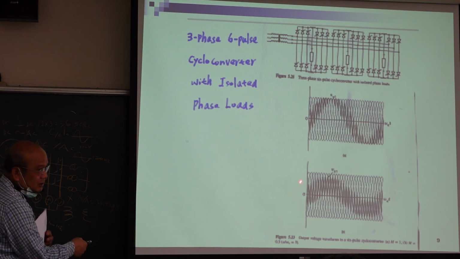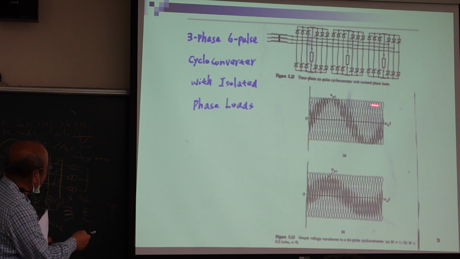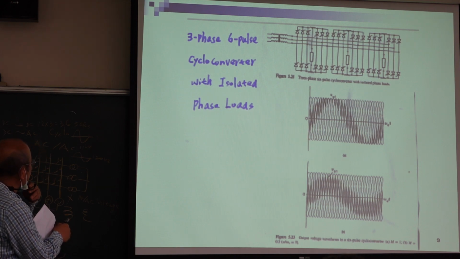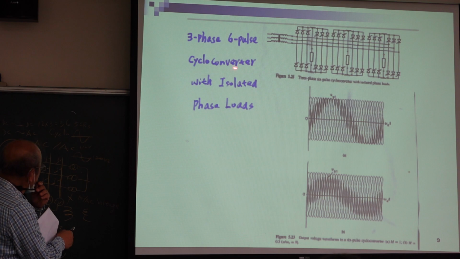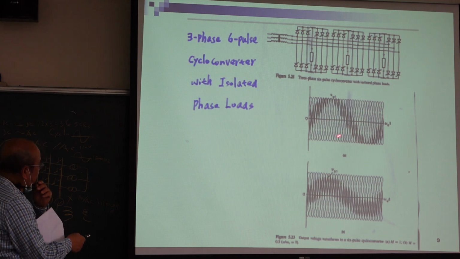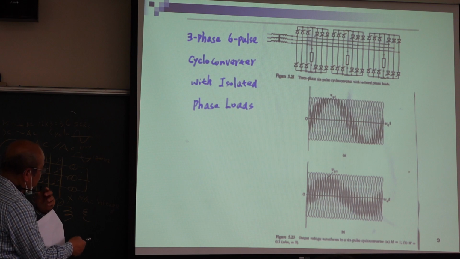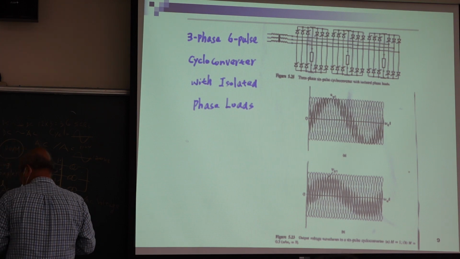You can see the output fundamental should be a sine wave. So we call this a 3-phase 6-pulse cycle converter with isolated phase load. They use it in the mining industry. So it is AC to AC.